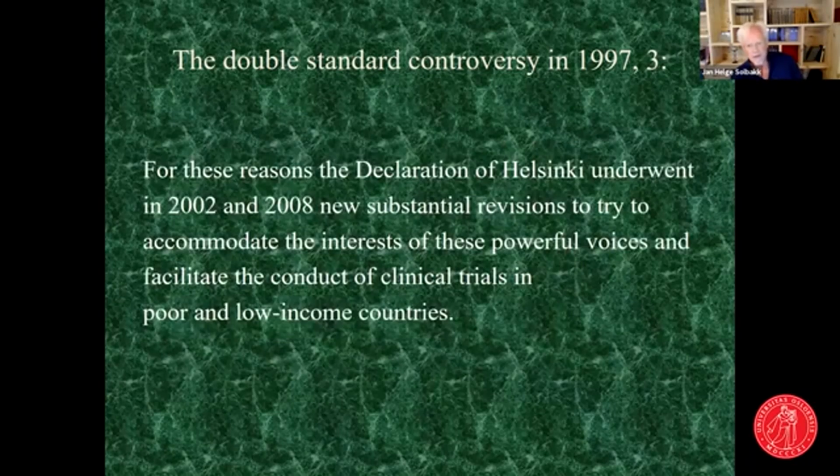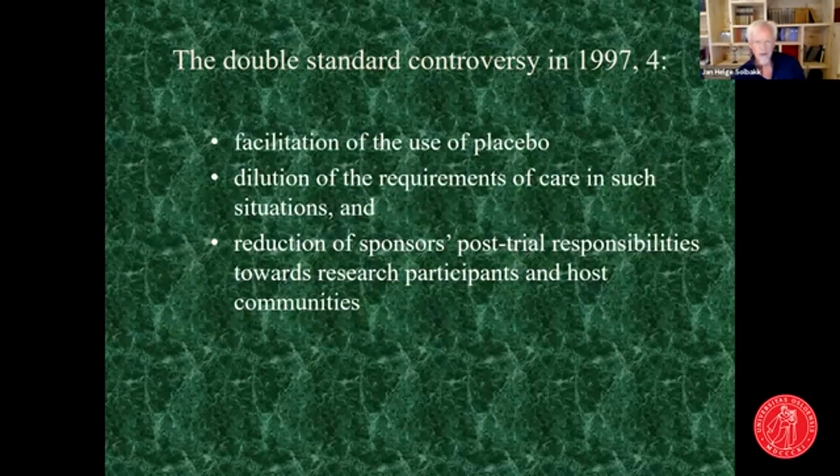For these reasons, the Declaration of Helsinki underwent in 2002 and 2008 new substantial revisions to try to accommodate the interests of these powerful voices and facilitate the conduct of clinical trials in poor and low-income countries. The double standard controversy is about the facilitation of the use of placebo, the dilution of the requirements of care in such situations, and reduction of sponsors' post-trial responsibilities towards research participants and host communities.